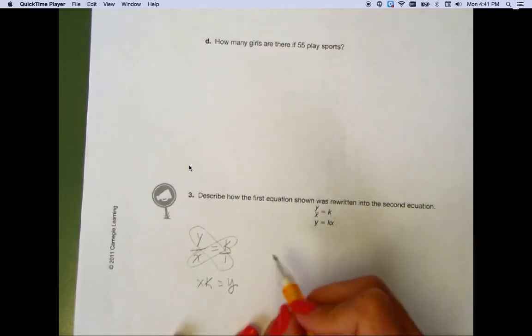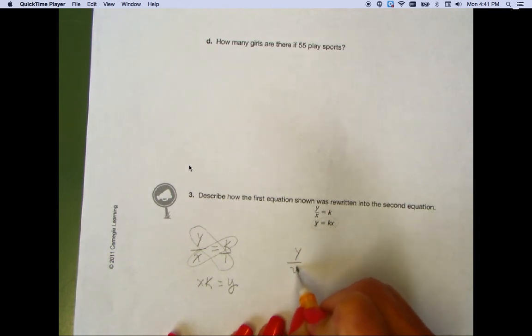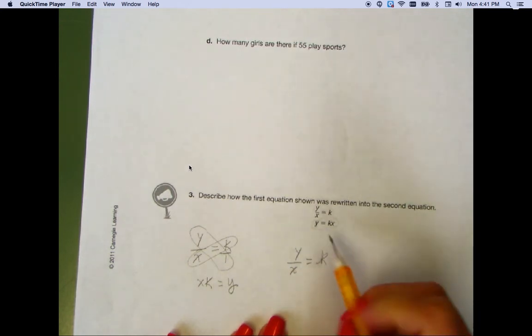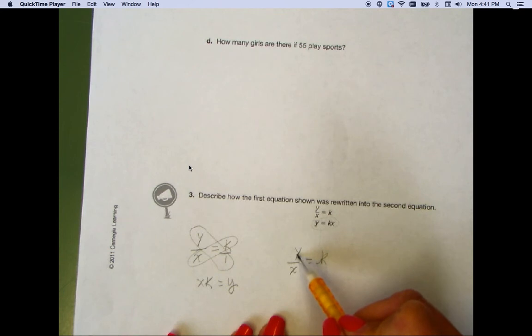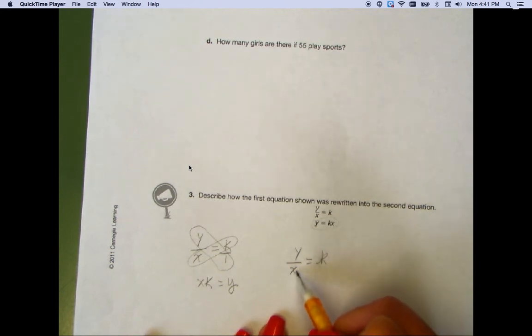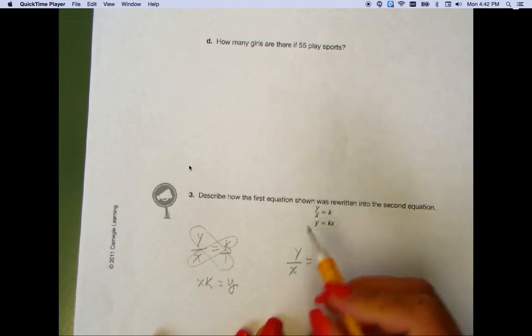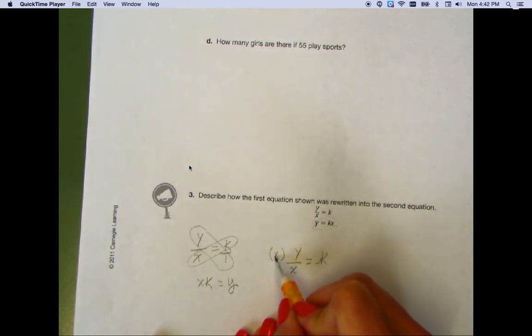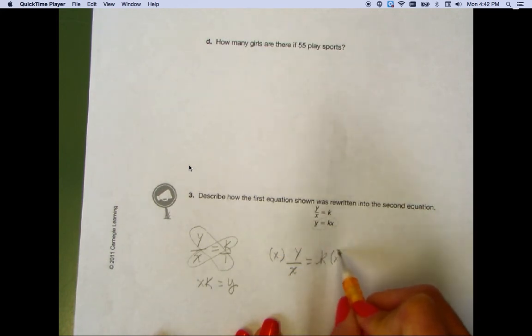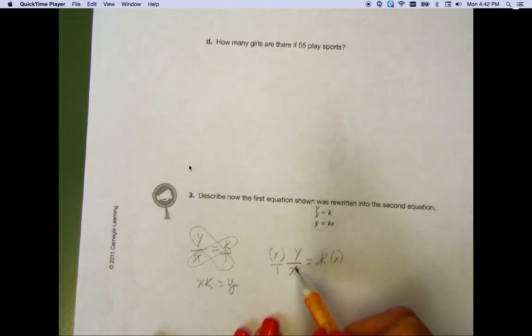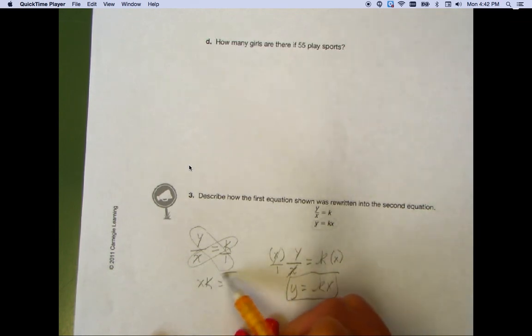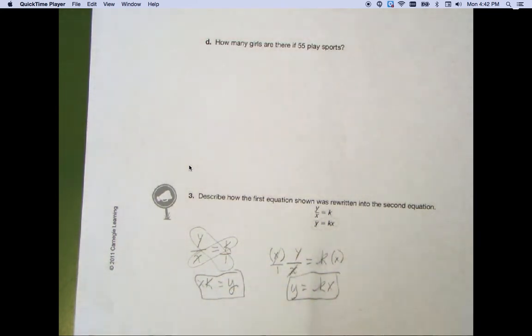Another way I could do this is y over x equals k. If we want to isolate the variable and get y alone, this right now means divide by x. To get rid of dividing by x, I need to do the opposite. I can multiply this side by x and this side by x. So these cancel off, and I get y equals kx. So 2 different ways. I think means and extremes probably makes a little more sense.